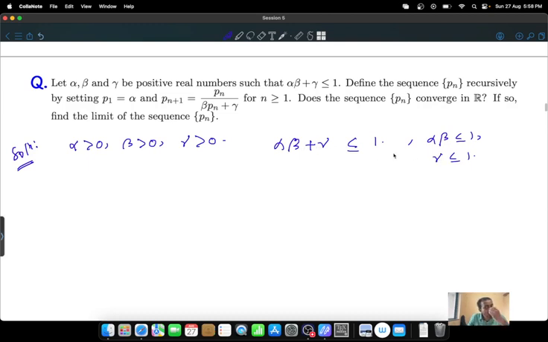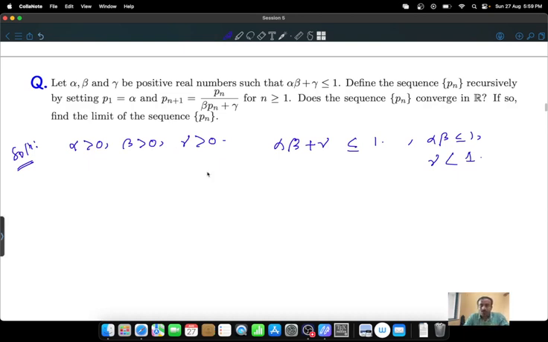But one thing to be pointed out is that gamma cannot be 1, because if gamma is 1, then alpha beta is 0, but that means one of them has to be 0, which is not possible. So basically what you are getting from here is that gamma is actually strictly less than 1, because of this condition.